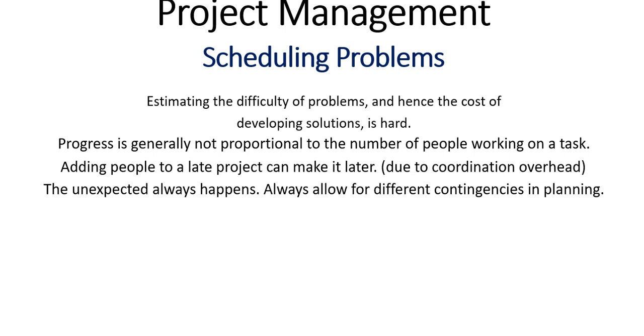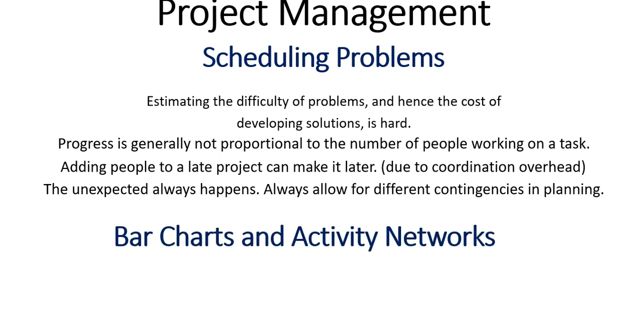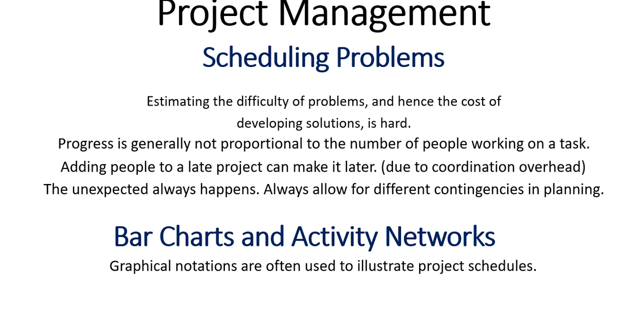So you have to make sure that at least two people know about each task, that each task has got two people who know how to complete it. Always allow for different contingencies in planning. That's one of the examples I just gave you, but you have to think about other ways of curbing unexpected issues that may pop up when you are doing a project.